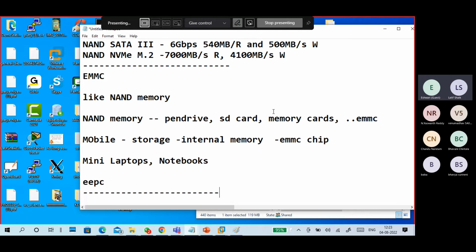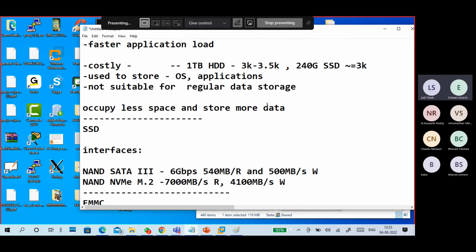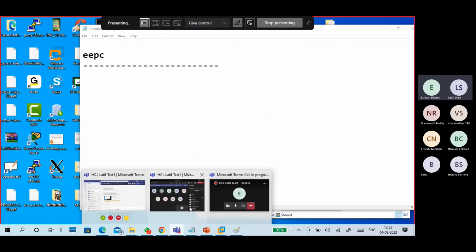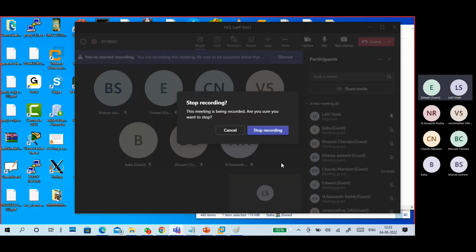Okay, guys, understand hard disk, SSD, and eMMC.